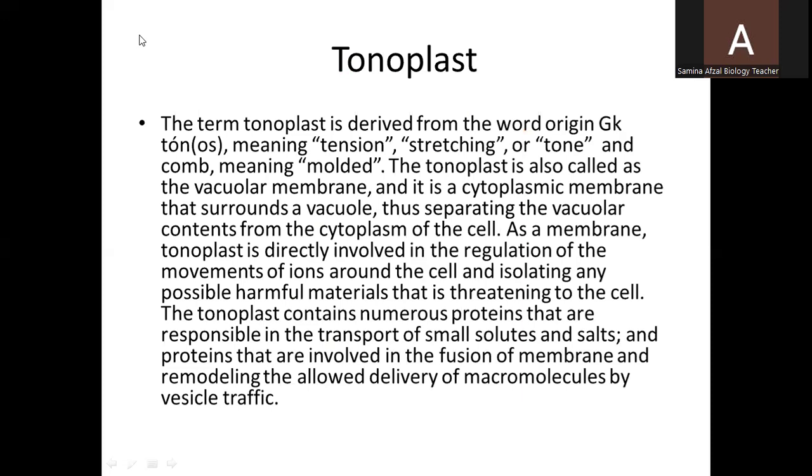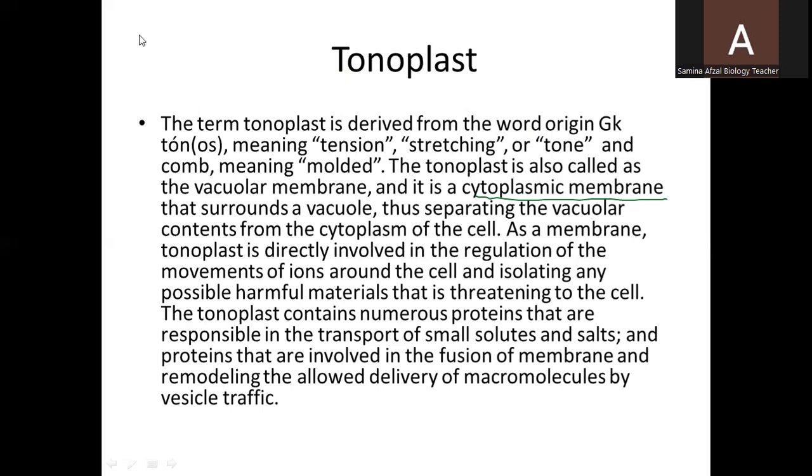The tonoplast is also called the vacuolar membrane. Already told you, vacuolar membrane or tonoplast. It is the cytoplasmic membrane that surrounds the vacuole, just like the plasma membrane, thus separating the vacuolar contents from the cytoplasm of the cell.